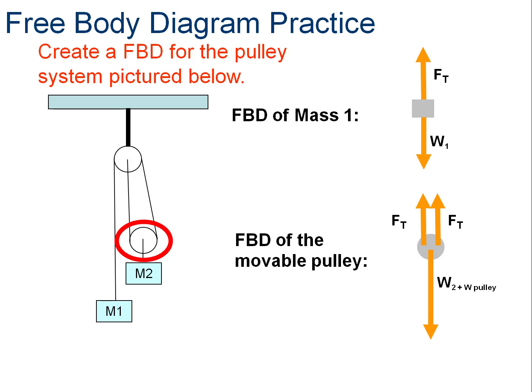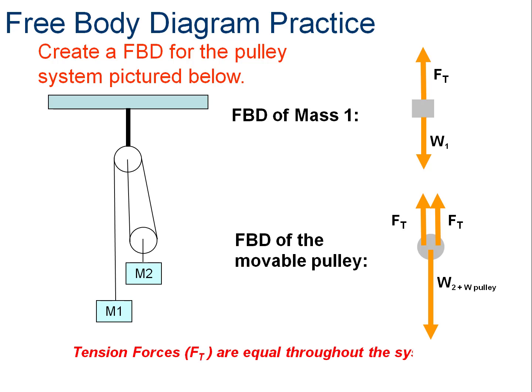So I've got a force of tension on strand 1 and a force of tension on strand 2. If I added those two together, that would have to equal the weight of mass 2 plus the weight of the pulley. And remember that in this type of a system, the tension forces are equal throughout. We learned that in simple machines.